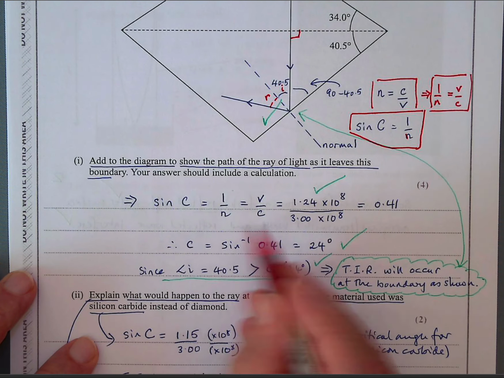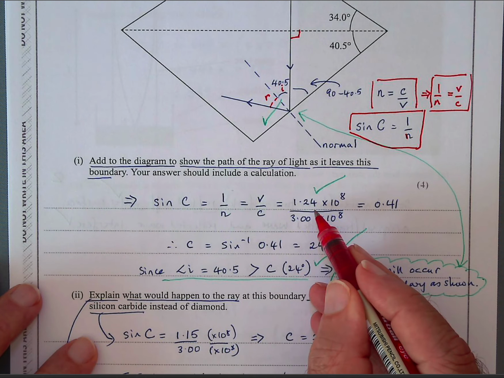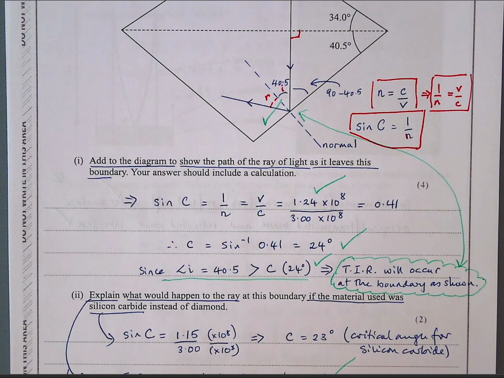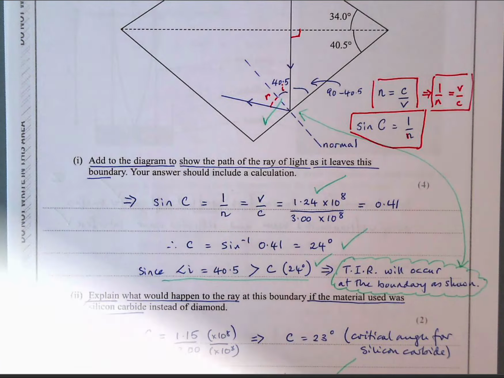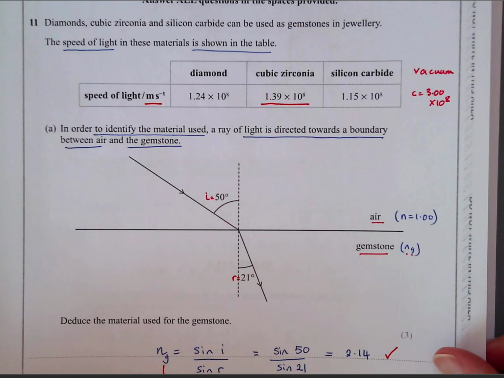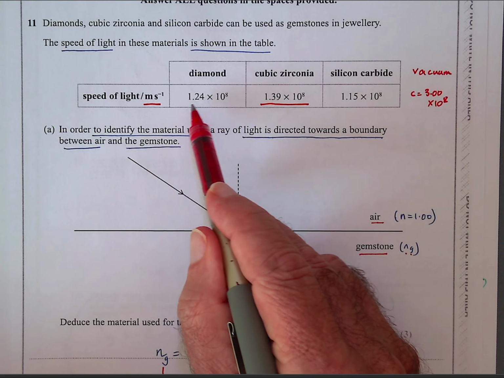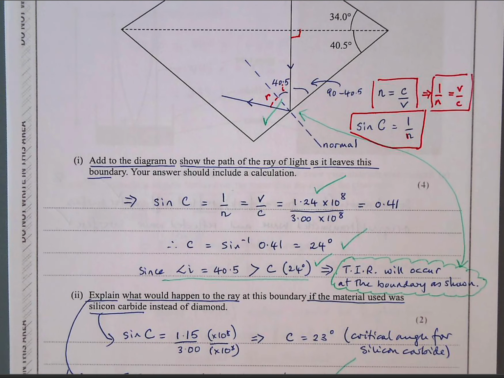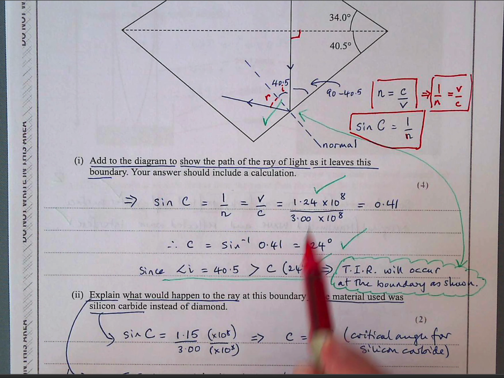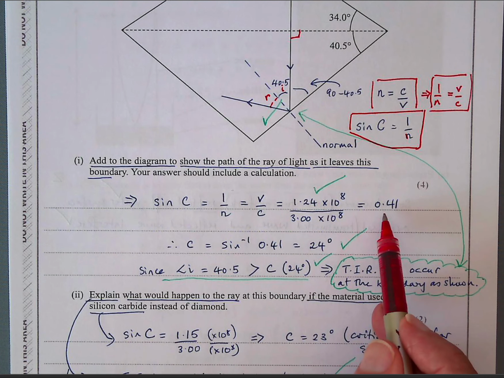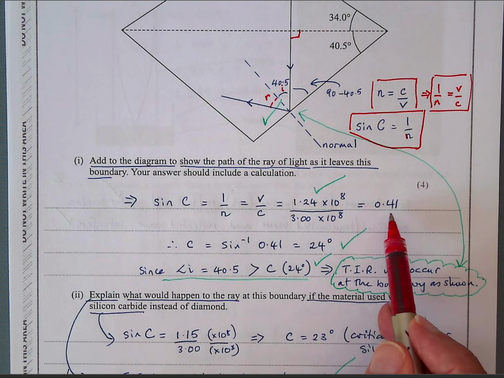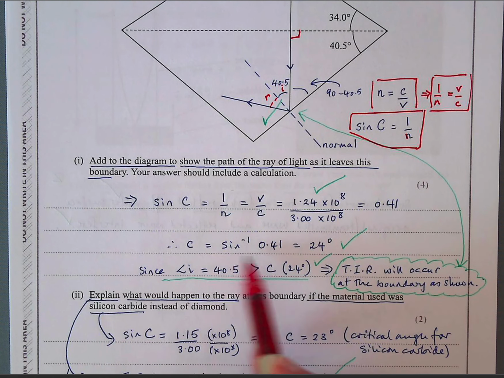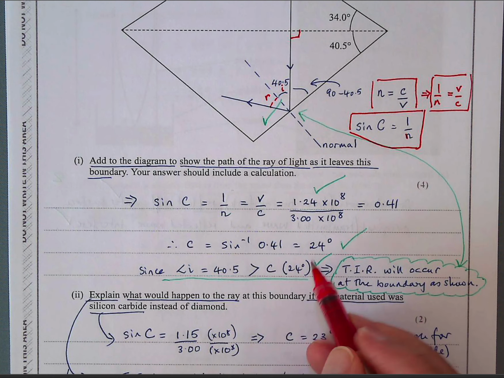We know from the table before the speed of light in a diamond, so we need to use this value, 1.24. We put that in, divided by 3.0, and we get 0.41, which when we take the inverse sine gives you an angle of 24 degrees.